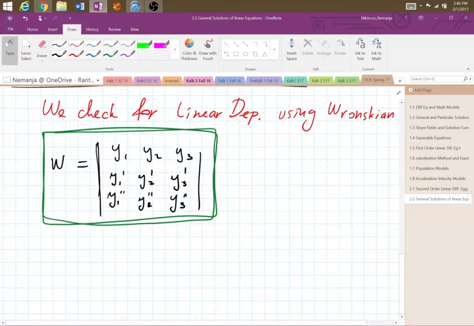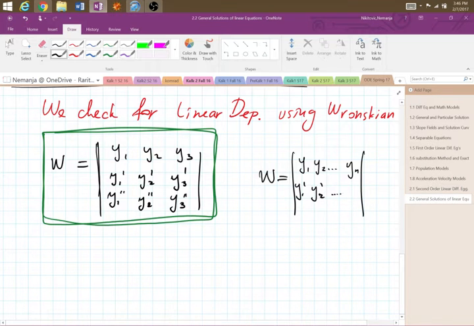But in all reality, guys, the Wronskian is going to be the determinant of y1, y2, all the way to yn, then y1 prime, y2 prime, all the way to yn prime, and it's going to go down to whatever order of derivative you might think of.